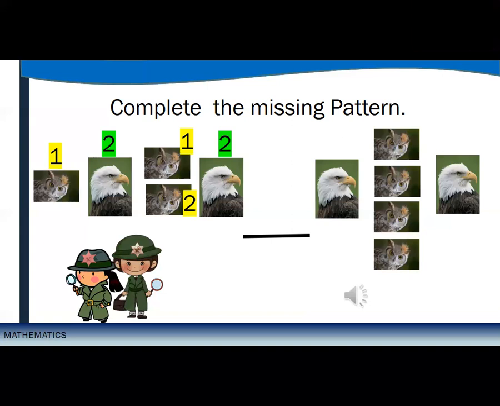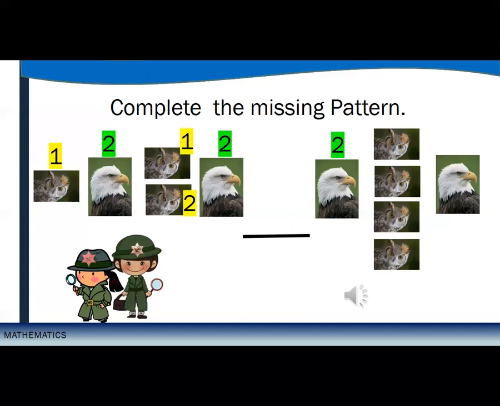Let's continue with what is given in the pattern here, and then use it to help us identify how many owls should be next. So yes, we have the mystery spot, and then we have our eagle, which we number 2.